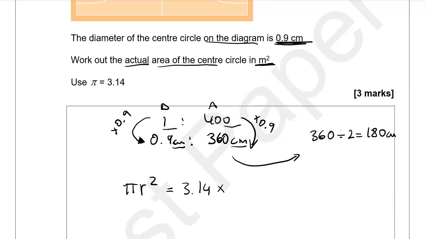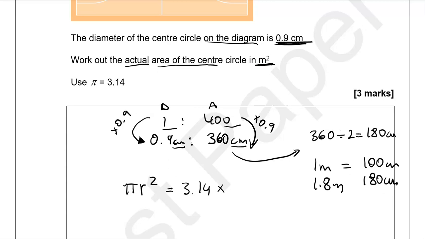So I'd like to convert this into meters now. So 180 centimeters, what is that equal to in terms of meters? 1 meter is equal to 100 centimeters. 180 centimeters will be equal to 1.8 meters.